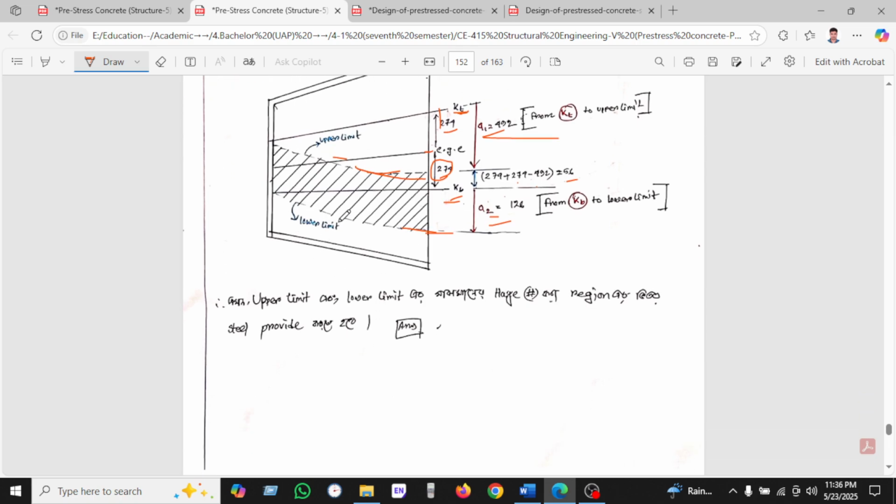So we can see we have found this shaded zone, which is the upper zone and lower zone, and now what will we do? After finding this value, then we can use the reinforcement or prestress rebar in this zone only.